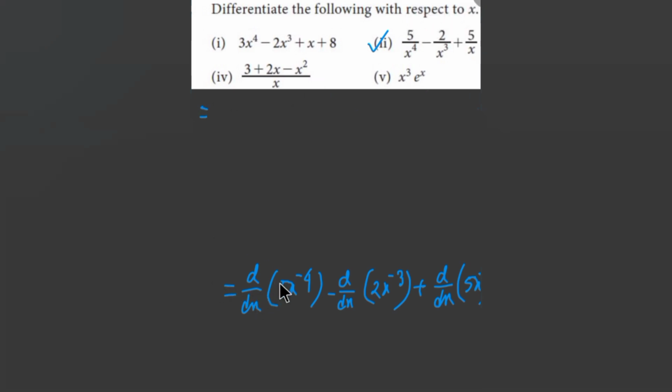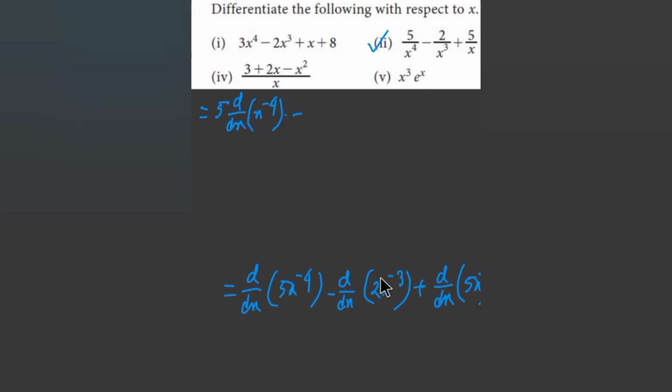Here we can see 5 is a number, so it will be considered a constant, so it comes in front, 5 d/dx, and x to the power minus 4 remains.